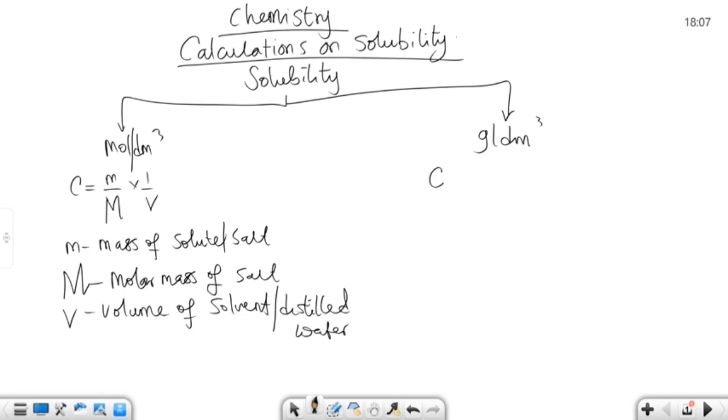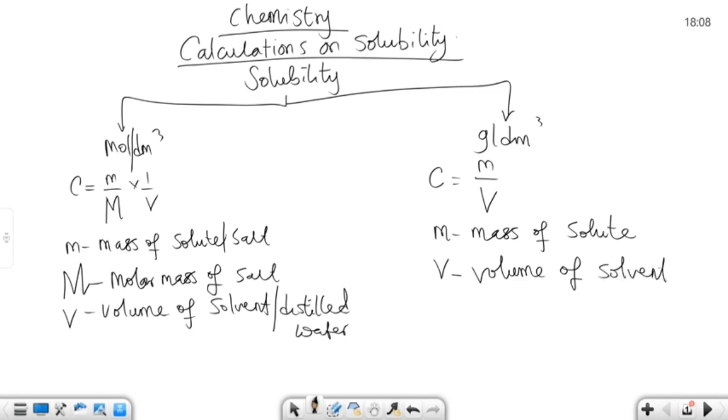C equals m over V, where m represents the mass of the solute, and V represents the volume of the solvent. Note that the volume must be in dm³. So remember, if the volume was in cm³, you have to convert it to dm³.